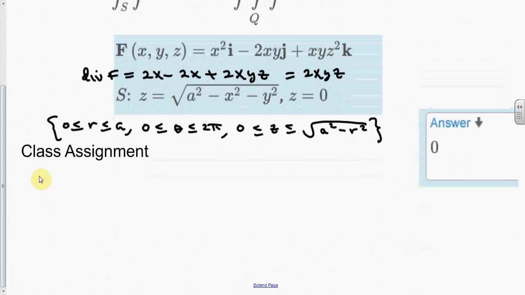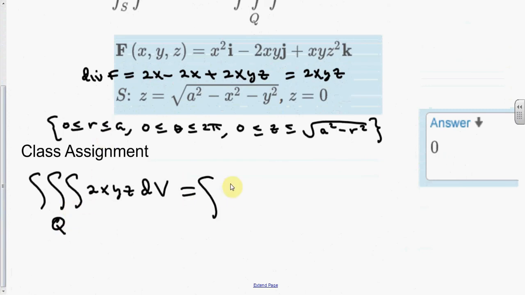And so we look at that triple integral. So here we have 2xyz with respect to the change in the volume over the solid. We use our coordinates here. So this is 2.